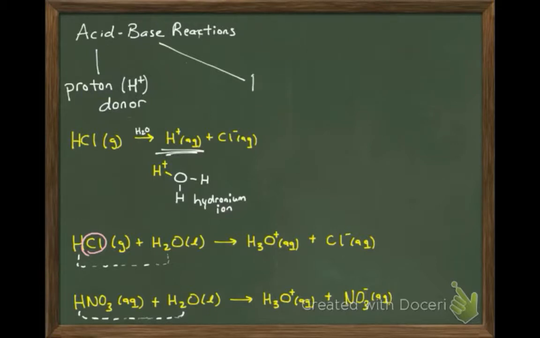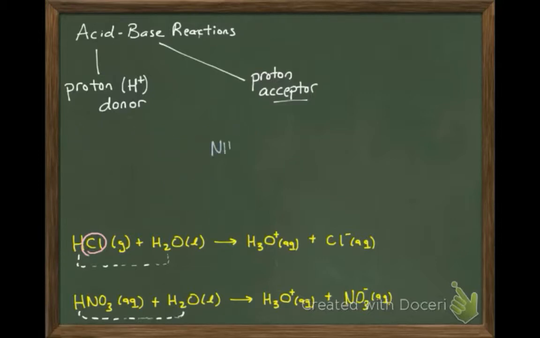Let's erase our previous definition. So a base now is a proton acceptor in our Bronsted definition. An example would be ammonia.